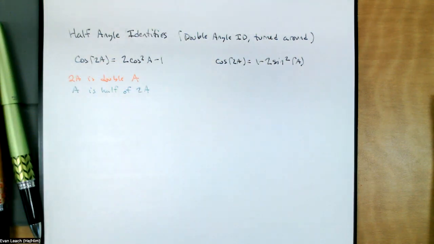That's where the double angle identity comes from. A is half of 2A, so this is where we're going to get our half angle identity.